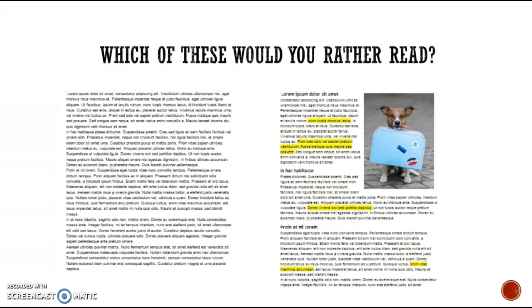However, the one on the right is more pleasing to look at at first sight because it has the headings, it has highlights, and also a corresponding image. So by just reading the heading, highlights, and corresponding image, one can get a basic idea about what this text is all about, and one can also choose to read the supplemental materials at will.